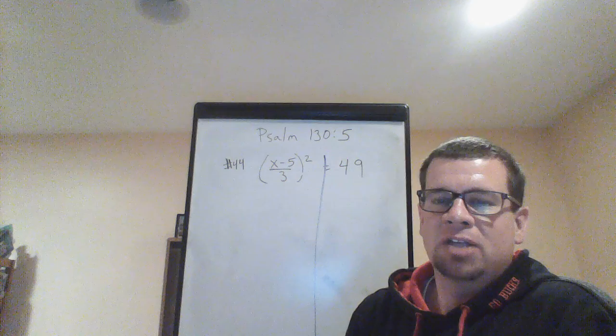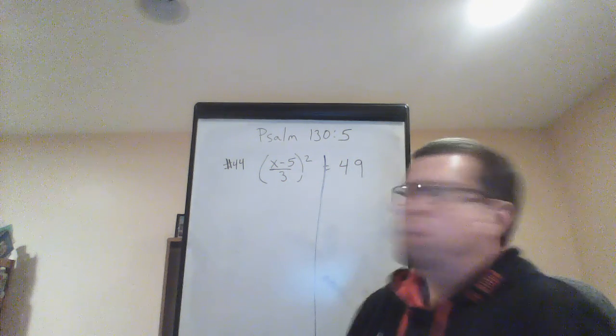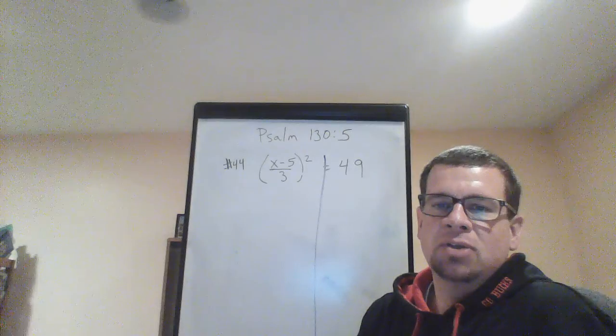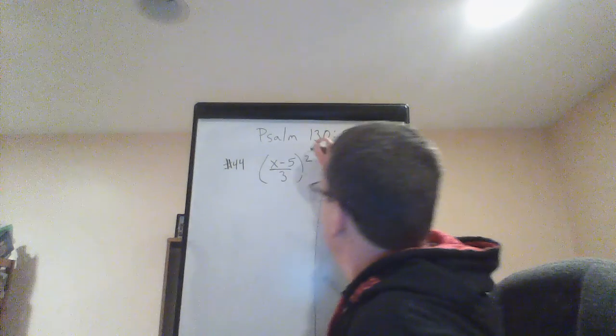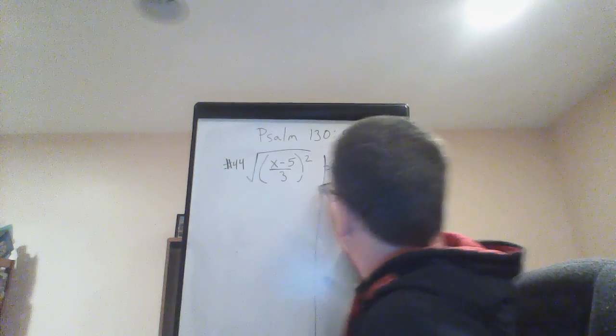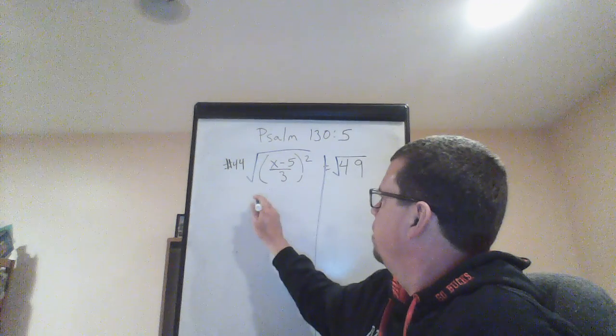So when we're solving this, we want to do all of that backwards. Whereas the square was the last thing we did in order of operations, that's going to be the first thing we undo. So to undo a square, I'm going to square root both sides. The square and the square root are inverses of each other.